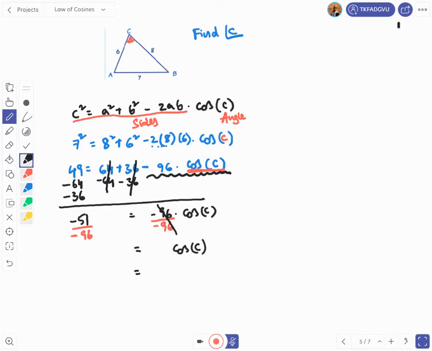I'm left with cos C equals 0.53125. For more accurate values, you may take all the decimals if you want. So this is cos C. Earlier, while explaining how to figure out the value of angles, I told you to interchange these values.